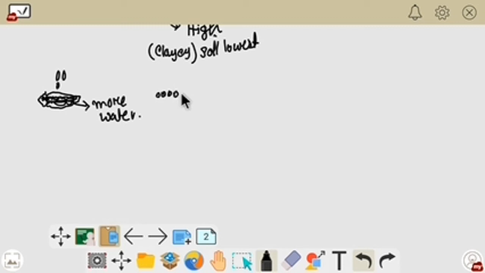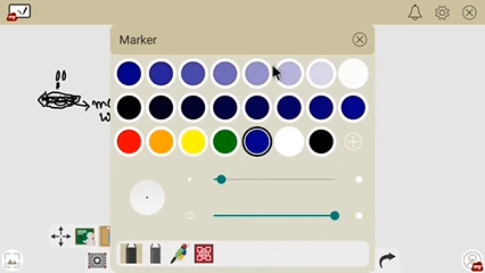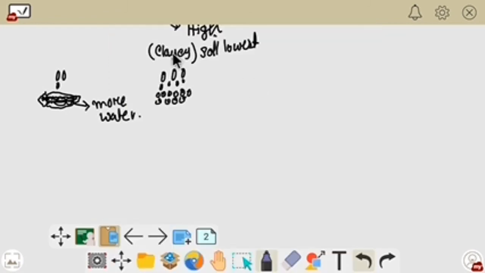So suppose there is clay soil, you can see. Now if rain is falling, the raindrops are surrounded by this clay soil. But in the sand case on the right hand side, you can see, I am choosing blue color as the raindrops. So raindrops are falling on the sand soil. Now you can see this is sand soil and this is clay soil. In the sand soil, the rainwater will pass through the sand soil.